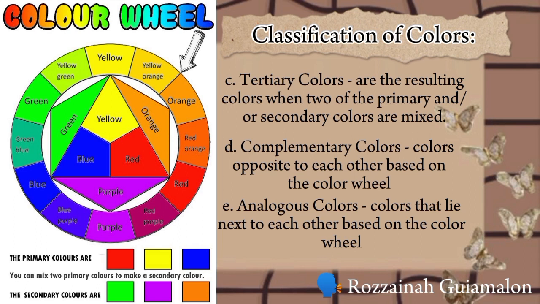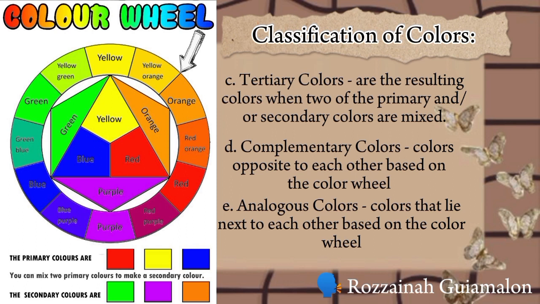Halimbawa ng analogous colors ay karaniwan nating nakikita sa paligid or sa ating kalikasan. For example, yung kulay ng sunset. Di ba ang mga kulay sa sunset, they are likely close to each other. Kumbaga, ang halimbawa ng analogous colors ay yung mga colors na gradient.